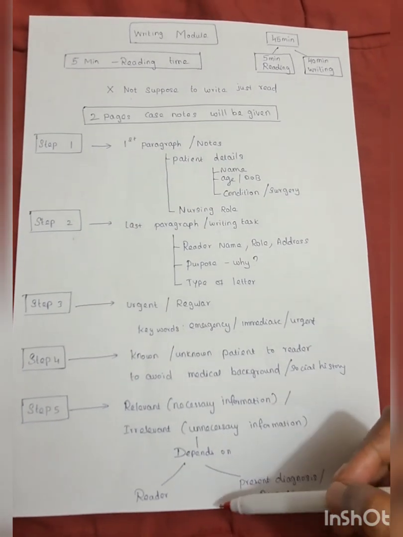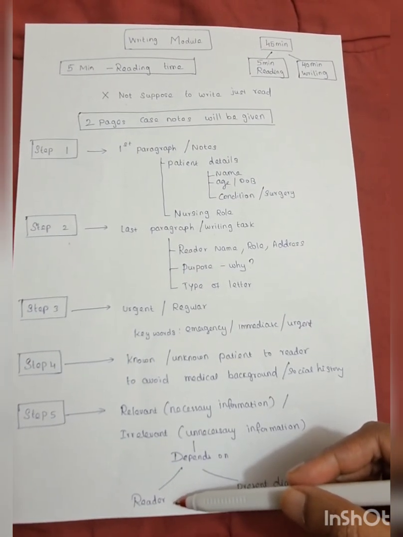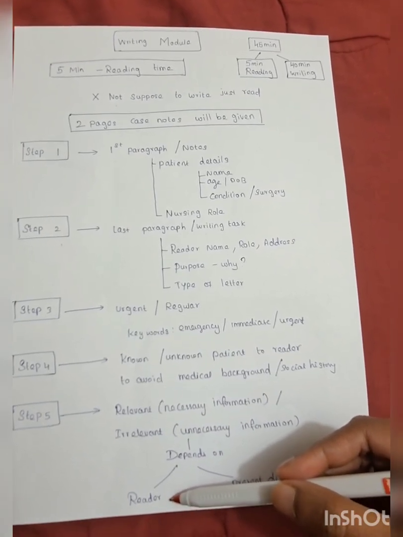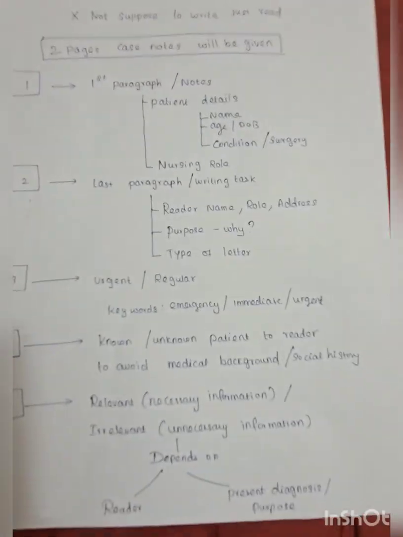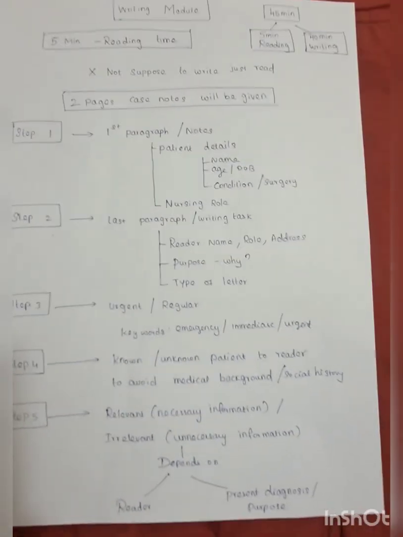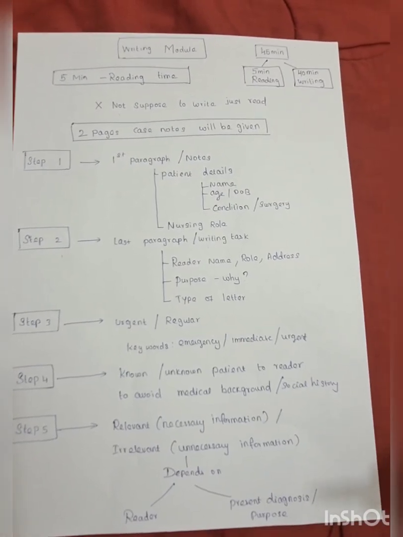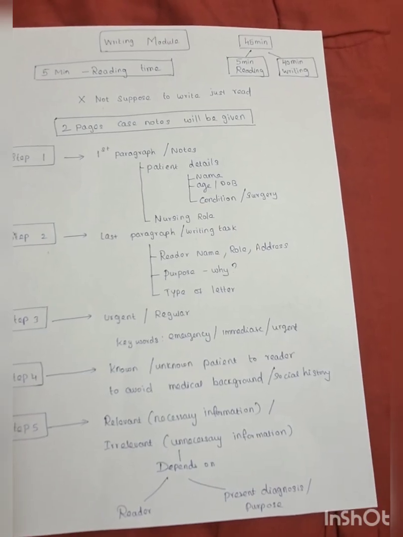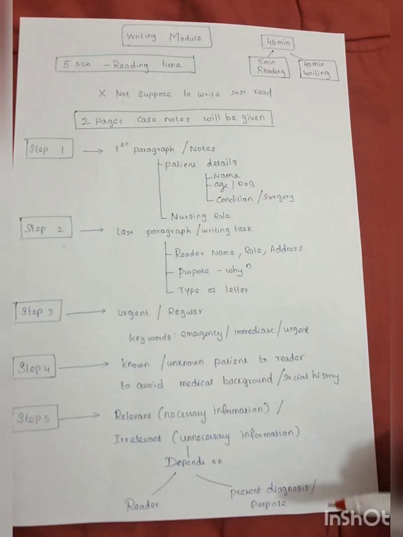One is your reader. For example, if you are writing to a dietitian, range of motion cannot be handled by her, it is by a physiotherapist. So you can avoid such information. And the second thing is the present condition, what he has right now. For example, you are seeking further management for chest pain, whereas something about acne is given, it is not required, it is nowhere related to the condition, so you can avoid it.